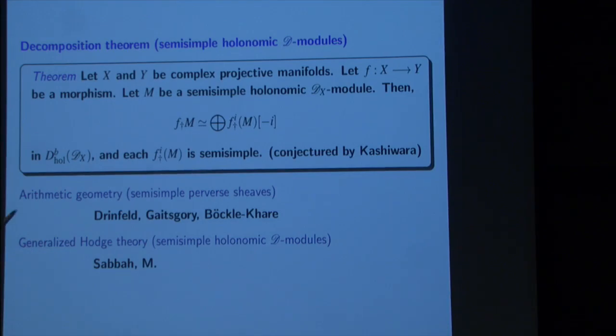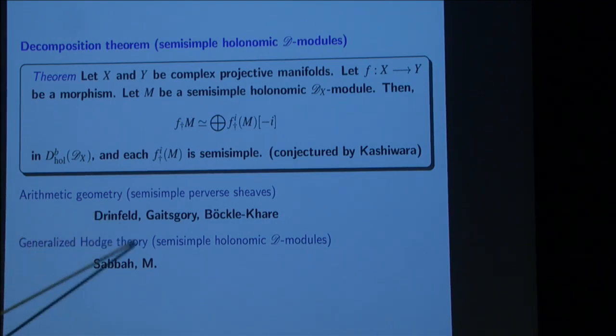And we have the other method to approach this theorem using generalized Hodge theory on holonomic D-modules, which was developed by Kashiwara and myself. I'd like to explain this second method in the rest of my talk.